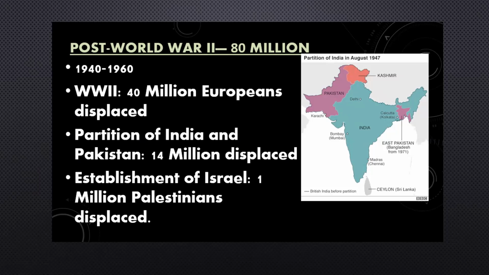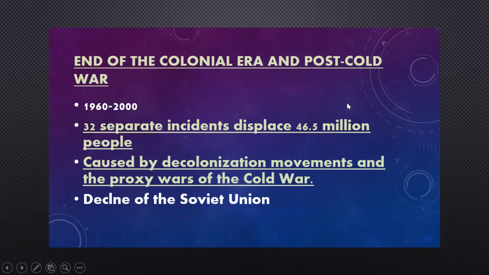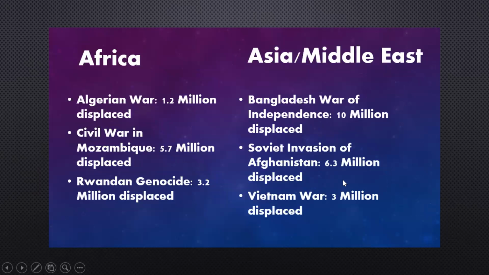The establishment of Israel, 1 million Palestinians displaced. We could think of the end of the colonial era and the post Cold War era. There are 32 separate incidents where 46.5 million are displaced, all caused by decolonization movements, proxy wars, and the decline of the Soviet Union.